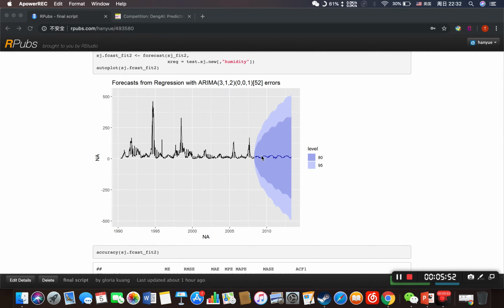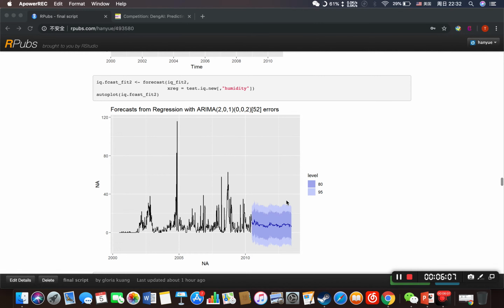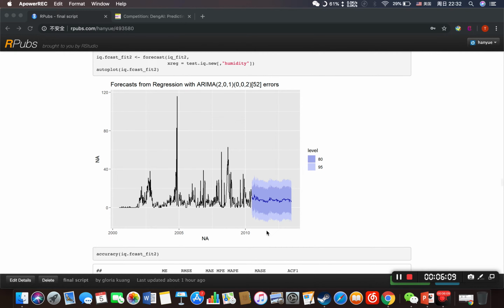The only flaw of this ARIMA model that we can see is that the prediction interval is getting bigger, which is not very pleasant. But things got better with the IQ subset. The prediction intervals fluctuate with our forecasting result.